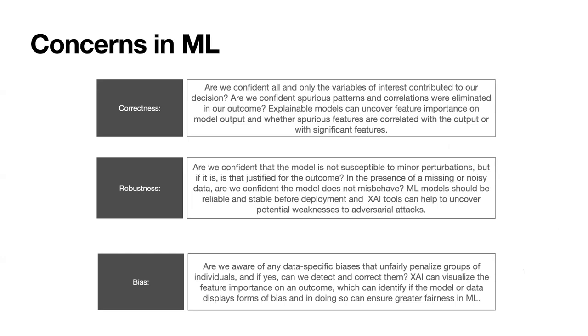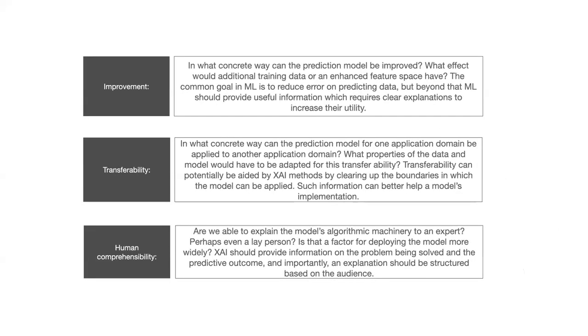Okay, so again, to summarize, the key concerns in machine learning models: we want to think about correctness and the objective function we provide. We want to think about the distribution drift and robustness. We want to pick up on correlated features, especially protected attributes like gender and race, and catch bias.